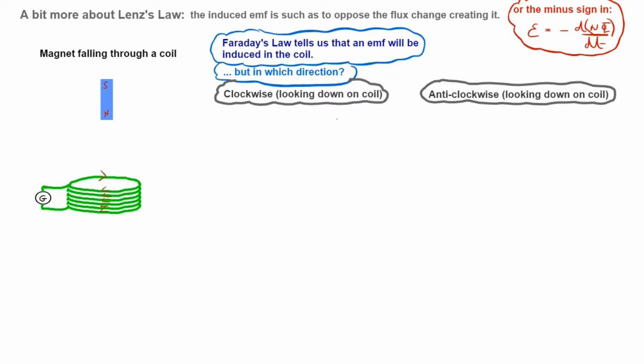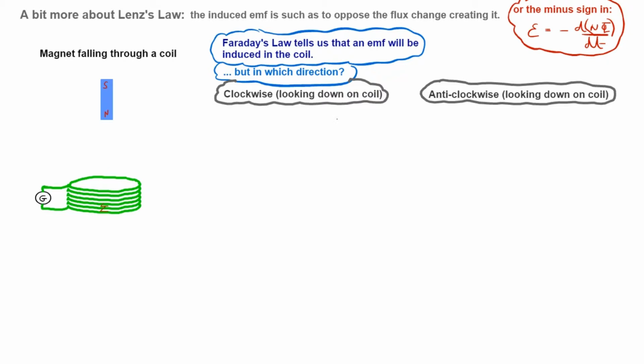Remember, you align your fingers along the direction of the current, and then your thumb points to the North Pole. So hopefully you can see that the North Pole is going to end up here, and the South Pole at the top. If not, go back and have a look at the grip rule and where that came from in one of the first two videos of this course.